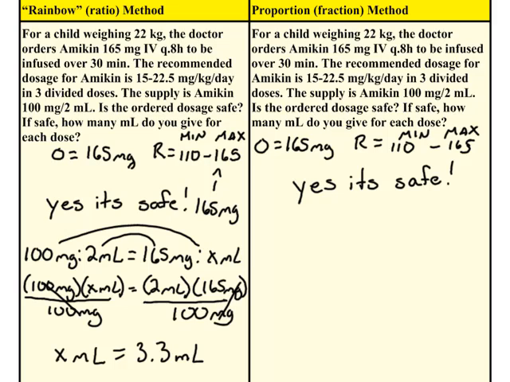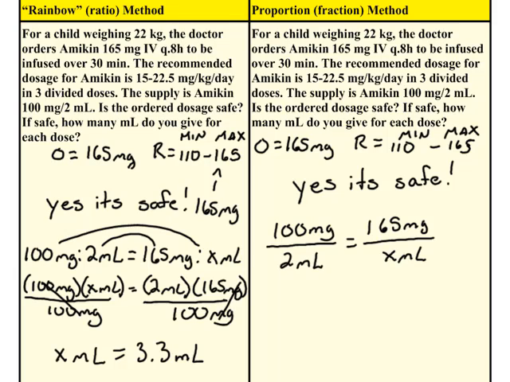Now that we know it's safe, we needed to find out how many milliliters we're going to give to our patient. If we look at the supply, it tells us there's 100 milligrams in every 2 milliliters. We know the doctor wants us to give 165 milligrams. We just need to know how many milliliters that will be.